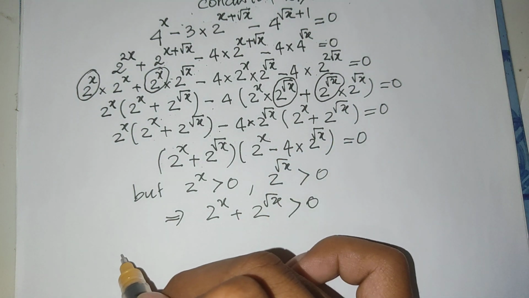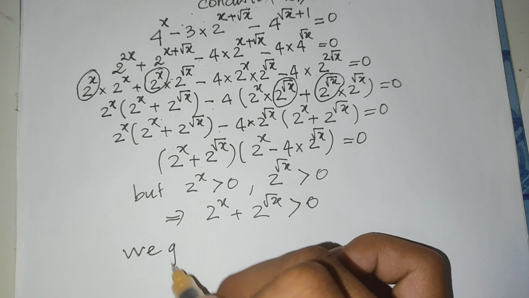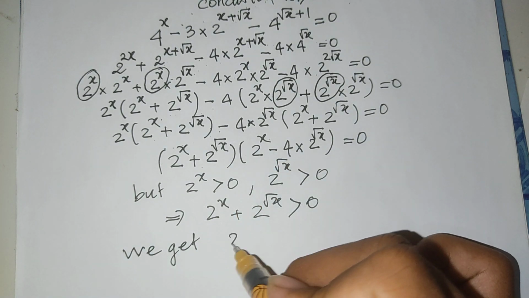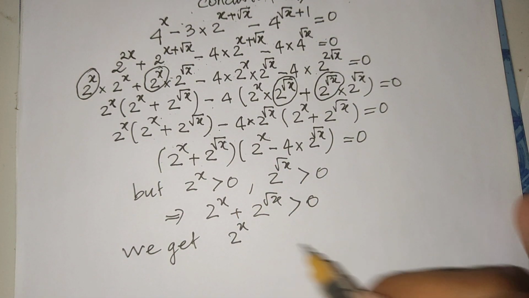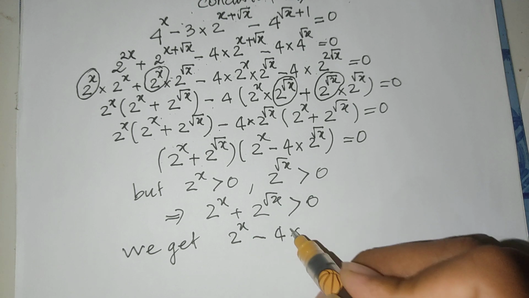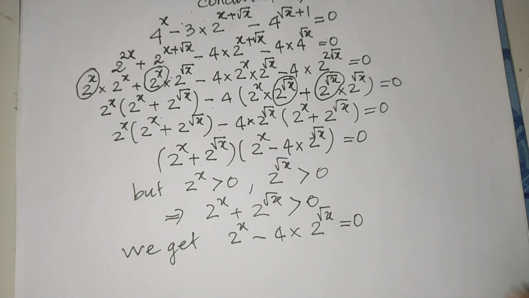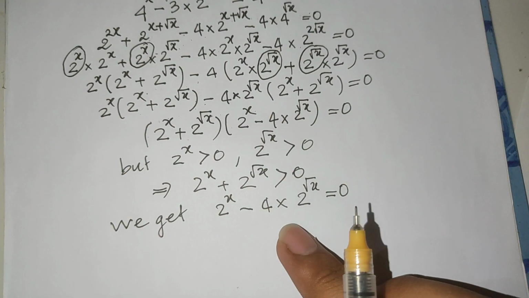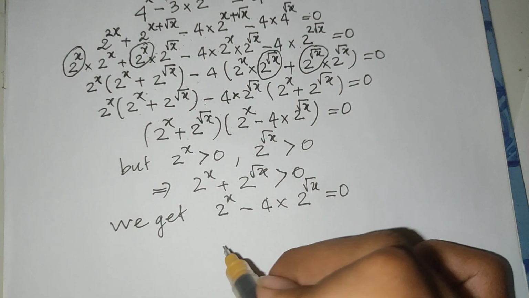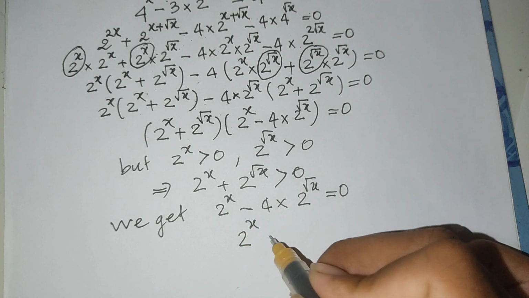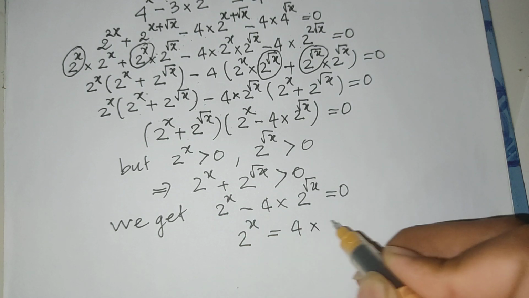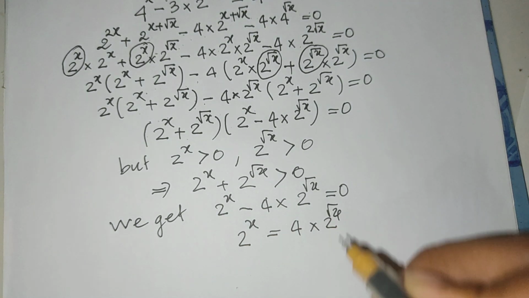So we get 2^x minus 4 multiplied by 2^√x equals 0. And then I take this to the right hand side. So I get 2^x equals 4 multiplied by 2^√x.